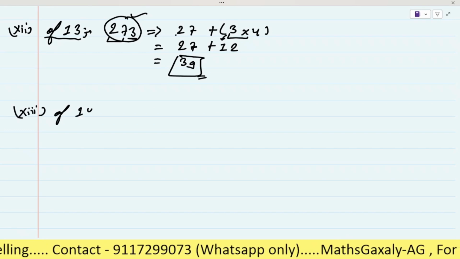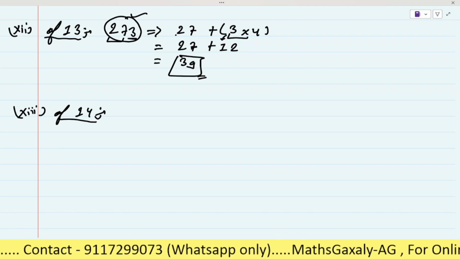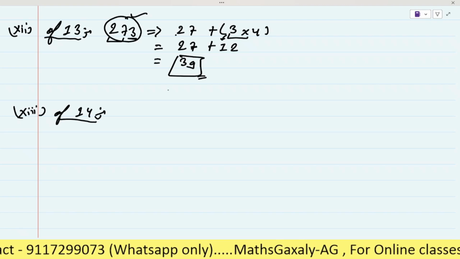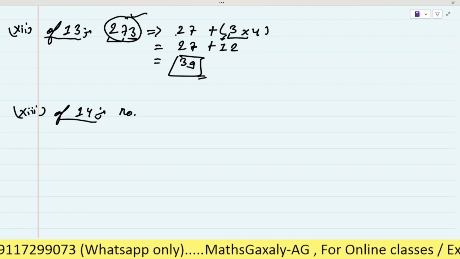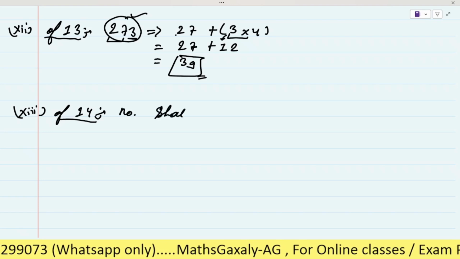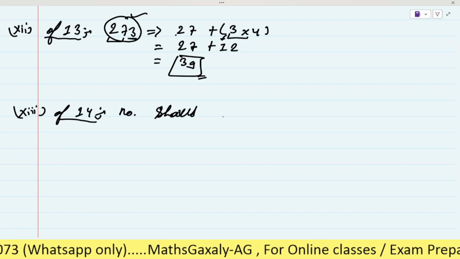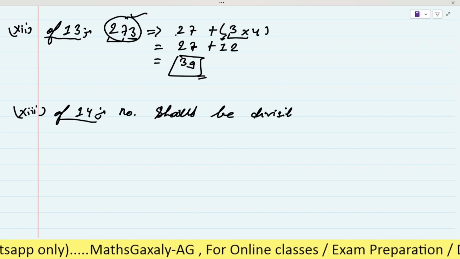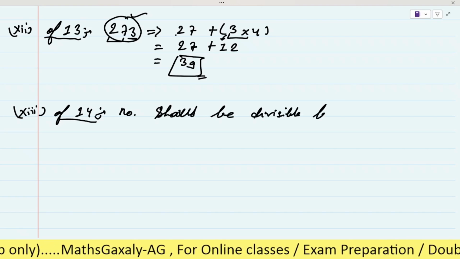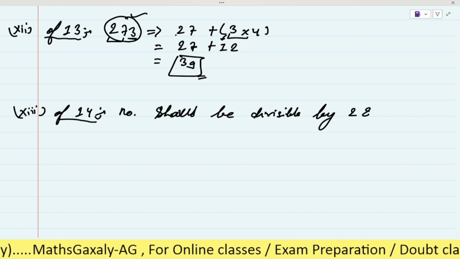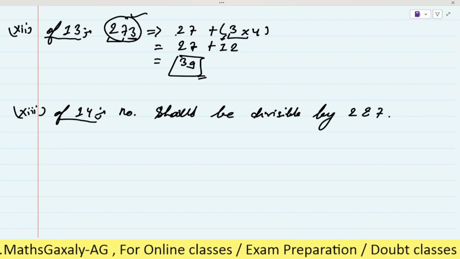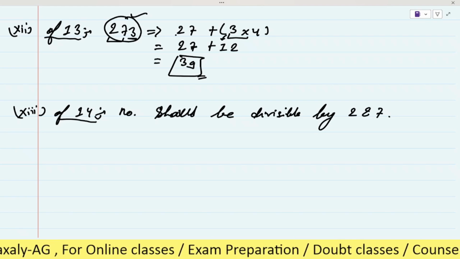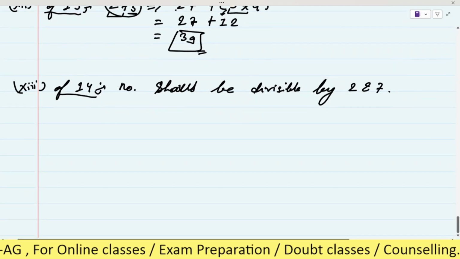Now let's see the divisibility rule of 14. If the number is divisible by 2 and 7, then we can say that the given number will be divisible by 14 also.